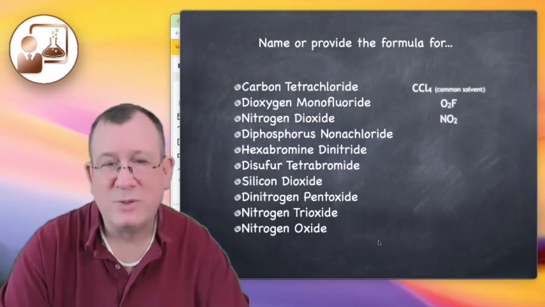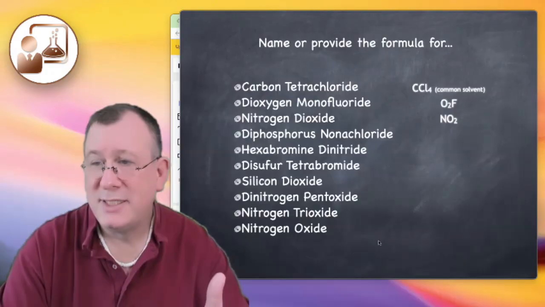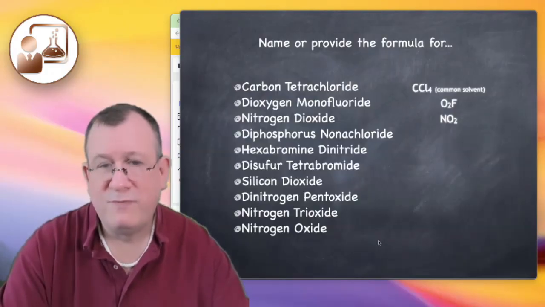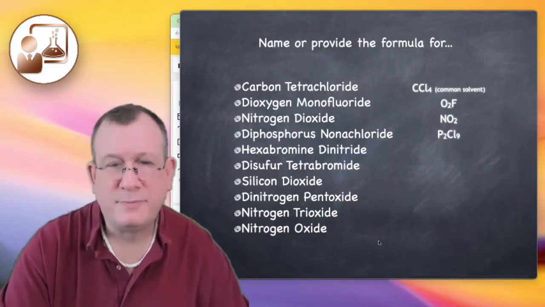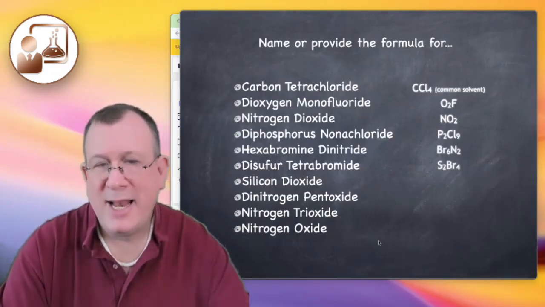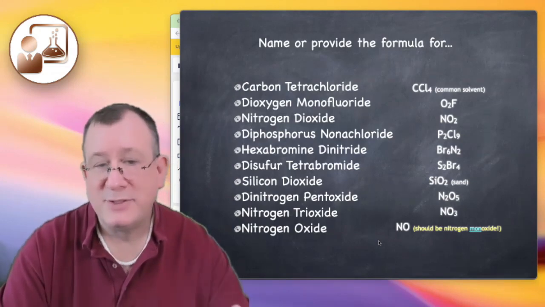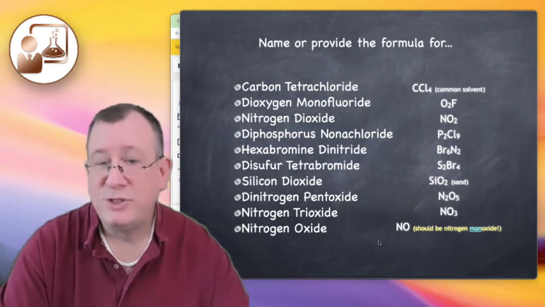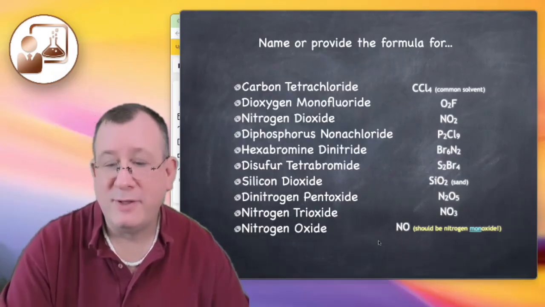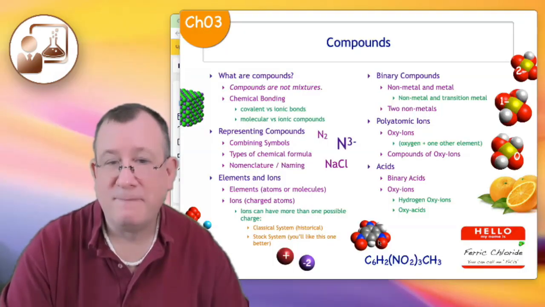Diphosphorus nonachloride. Okay, so that's di is 2, so phosphorus P2, and then chloride 9. Hexabromine dinitride. And like I said, you just kind of read off the numbers and you should be good. All right. And yeah, that last one, nitrogen oxide, that should have been nitrogen monoxide. Remember, we do put the mono when it's the second one.